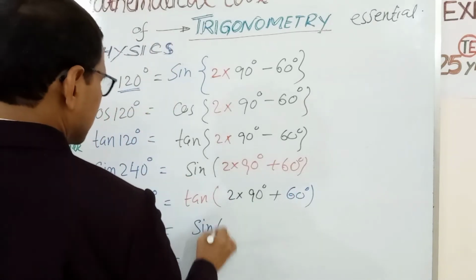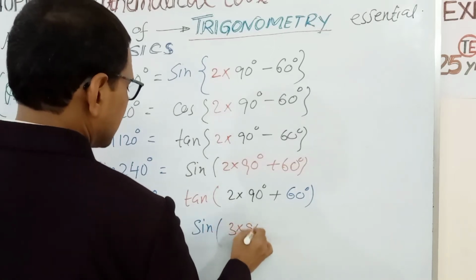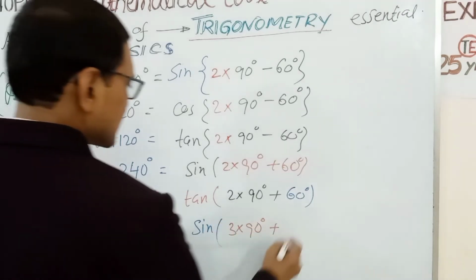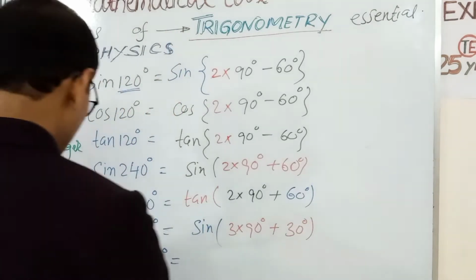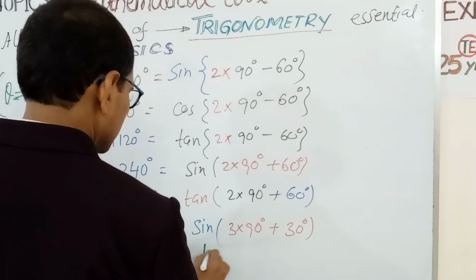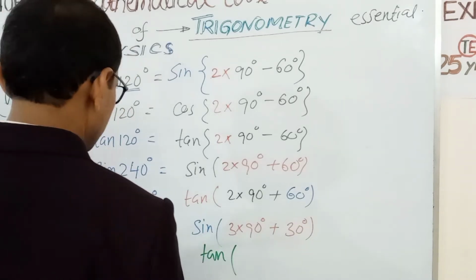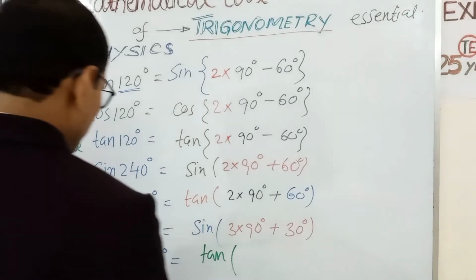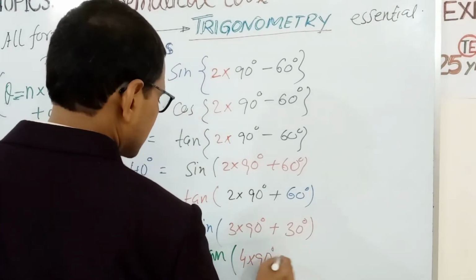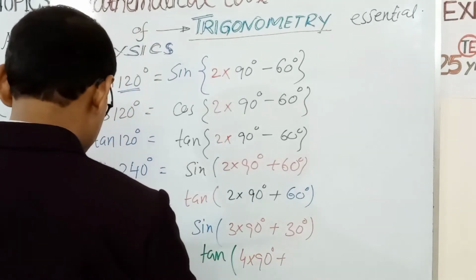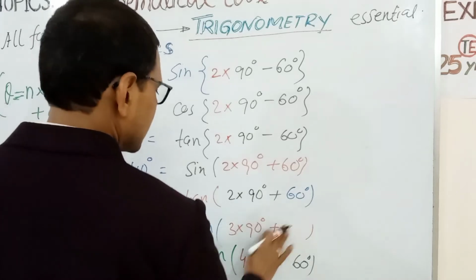Sin 300 equals 3 into 90, 270 plus 30 degree. And tan 420, suppose this is 4 into 90 plus 60 degree, that is 360 plus 60 degree.